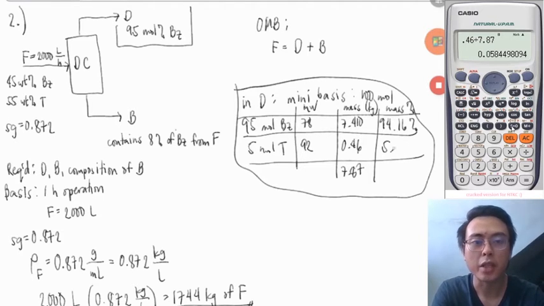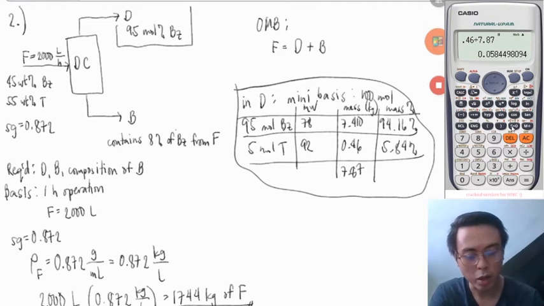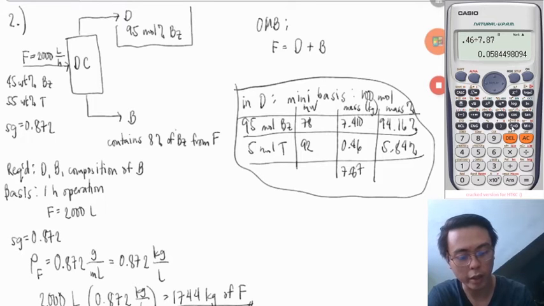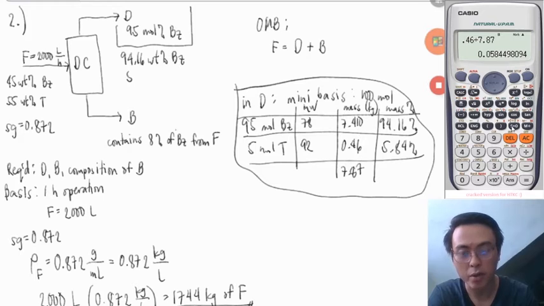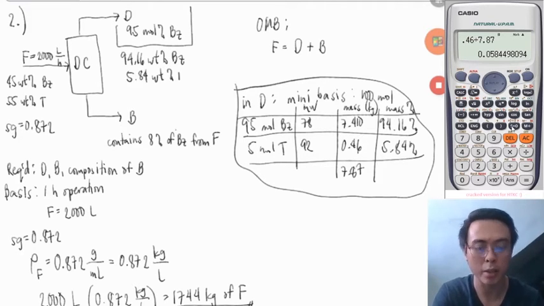So you see, with this mini calculation, we were able to determine the mass composition of stream D. So let's now write here in D, you have 94.16 weight percent benzene and 5.84 weight percent toluene. And then you can now delete the floating calculation.